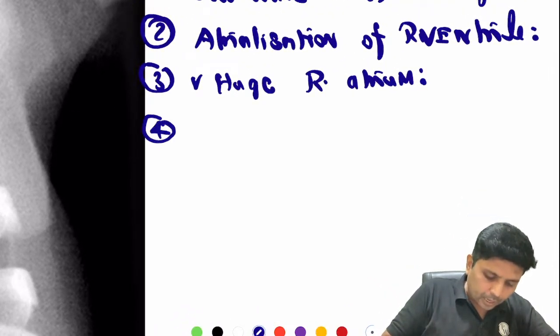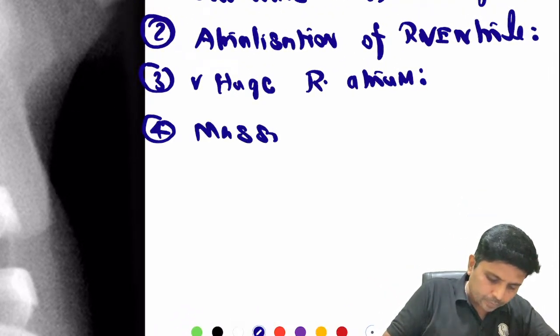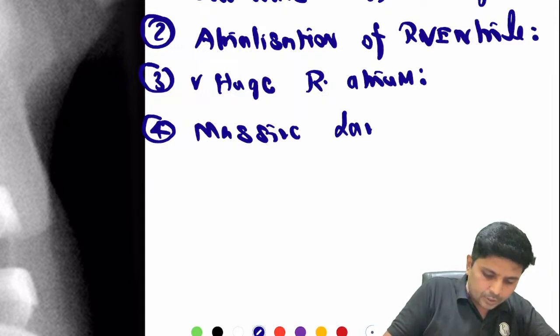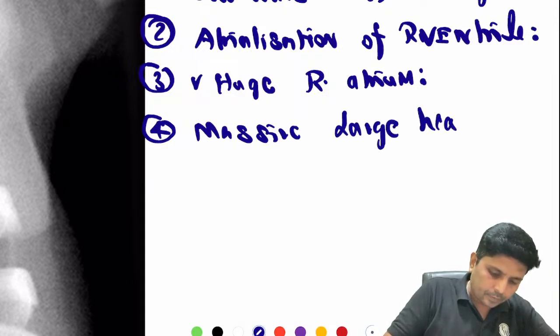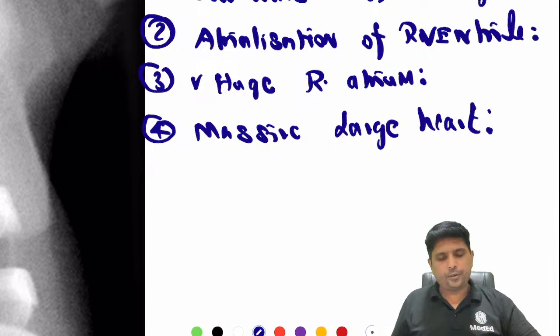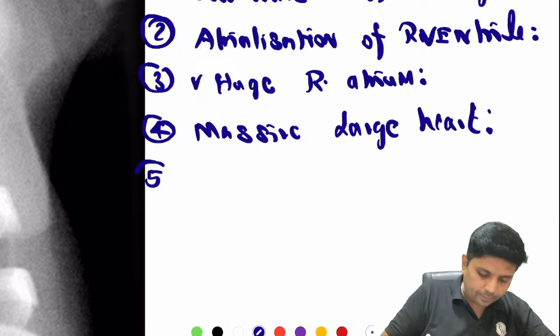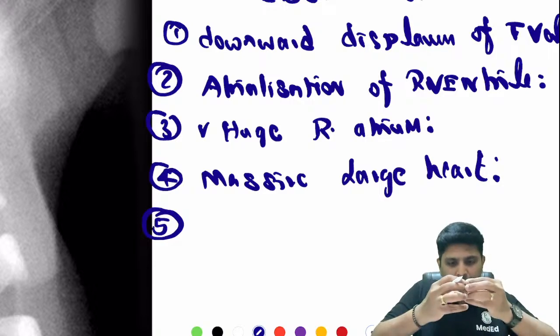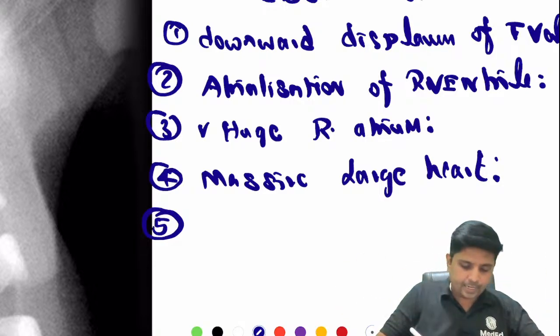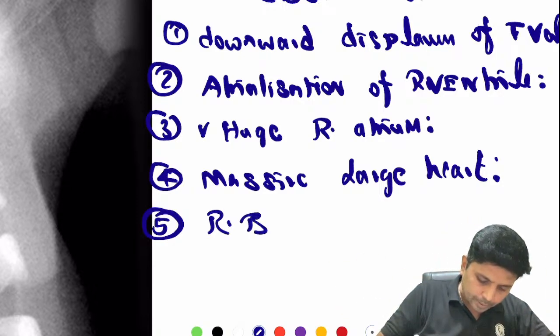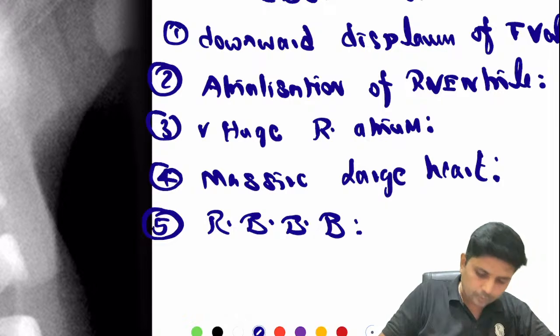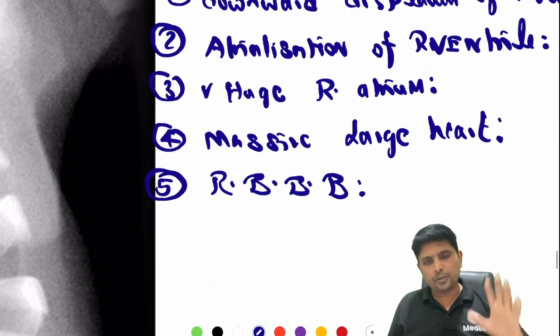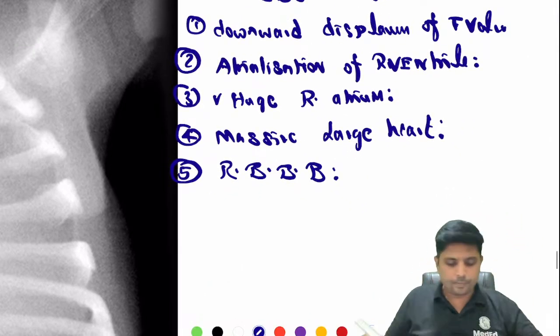Because of that, you have a massively large heart, huge cardiomegaly. And because of the stretching of the right atrium, you will have right bundle branch block.